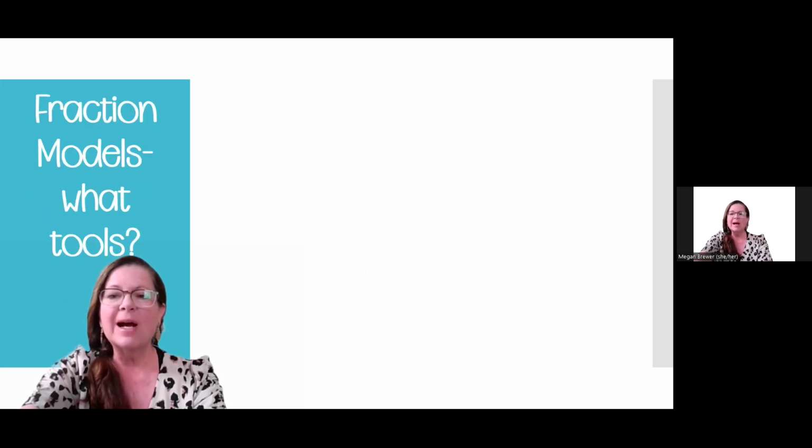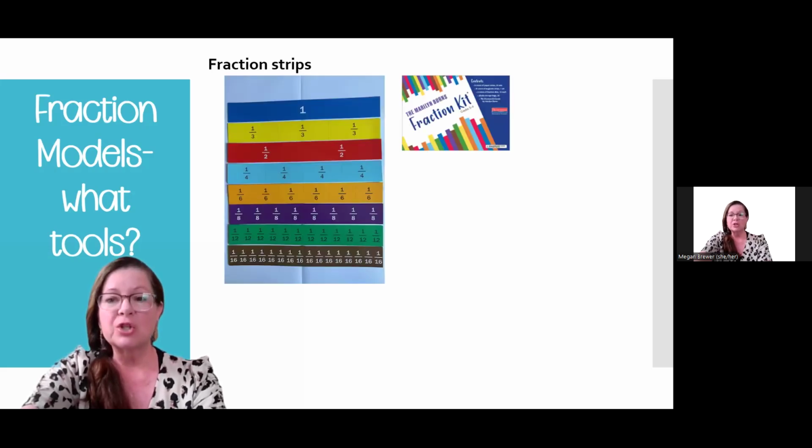Now, let's look at some of the fraction models we want to provide our students with to help them truly understand fractions. Fraction strips. They're produced by many educational companies and typically come with their fractional name pre-printed on each section.